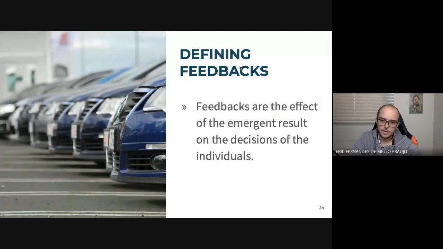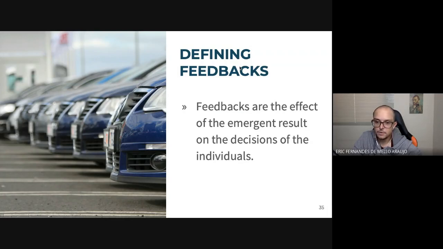The other definition we have to talk about is feedback. Feedbacks are the effect of the emergent result on the decisions of the individual. As we saw in the example of Rosa, her individual behavior encouraged other people to do the same.